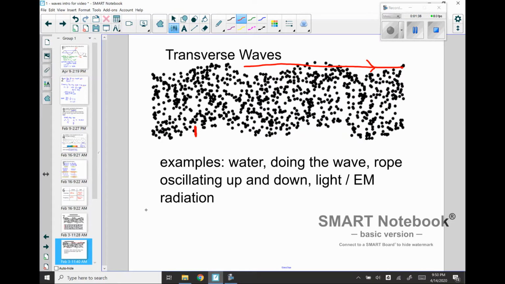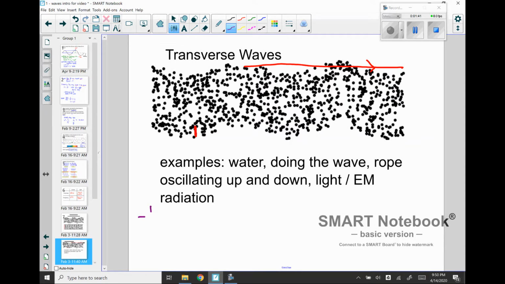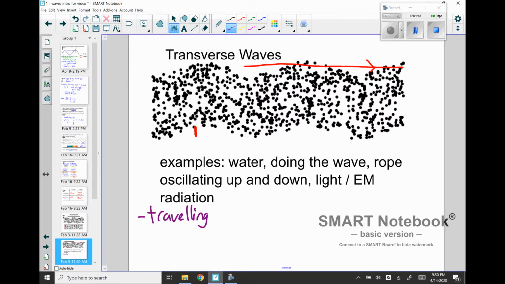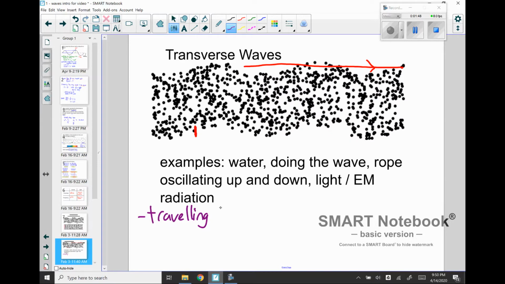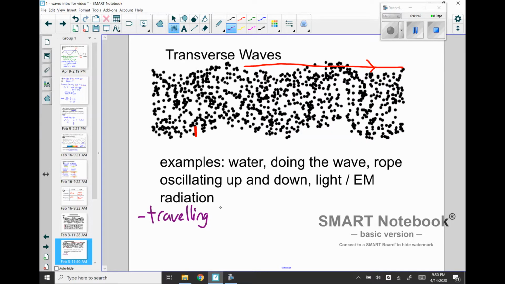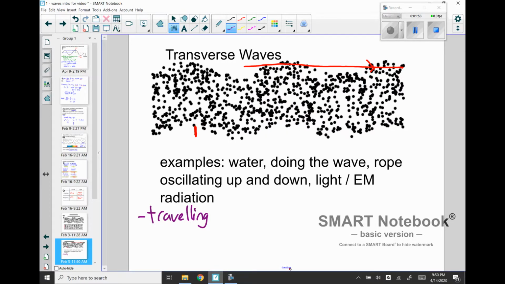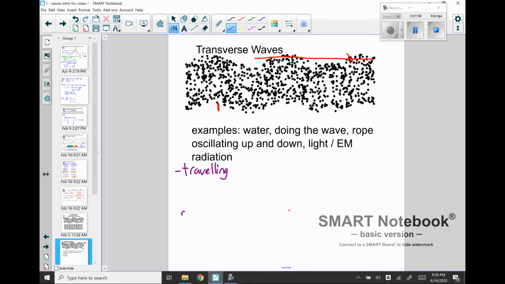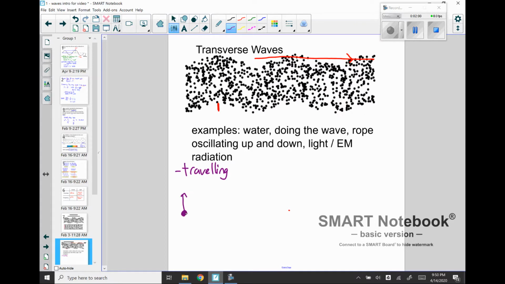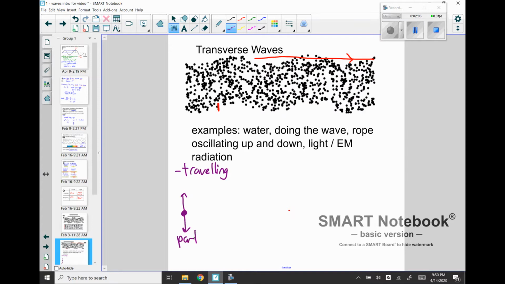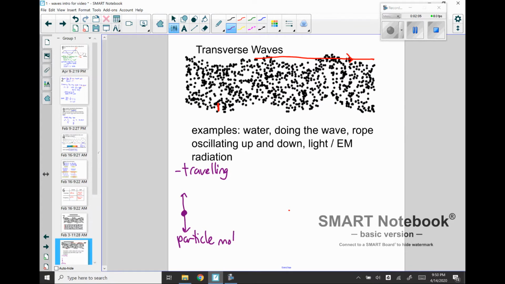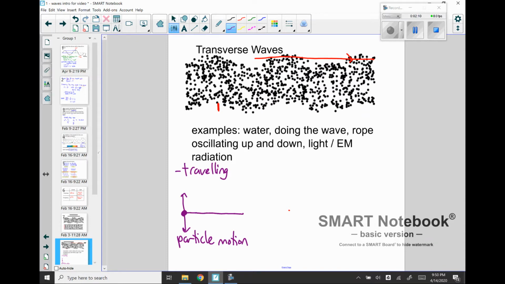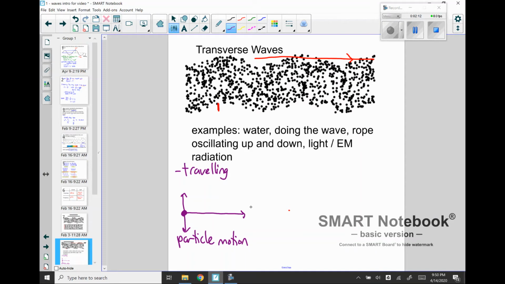So a transverse wave also often gets referred to as traveling because we have that sense of motion. We're going to look at some special cases next week where that won't necessarily be true. And the key definition of this transverse wave is that we have the particle motion up and down with that wave energy traveling along towards the right-hand side of my screen.